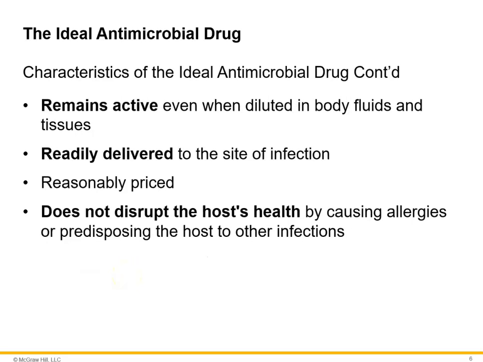Ideally, your drug would remain active once it reaches body tissues, and even when it gets diluted in those body tissues and fluids. You would have a drug that's readily delivered to the site of infection. So if you have a kidney infection, this drug would be delivered to the kidneys, okay, and avoid the other parts of the body.